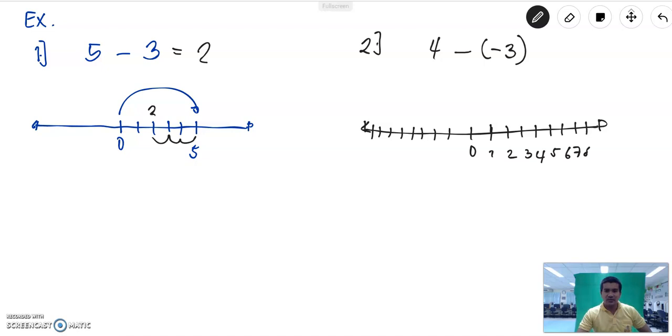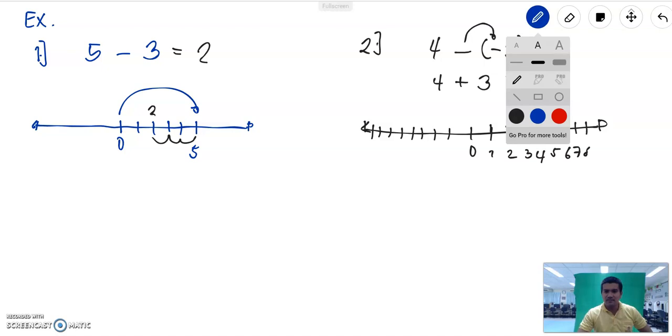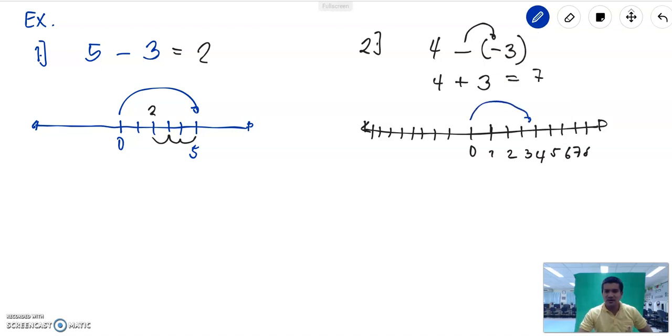So when you multiply a negative and a negative sign, negative times negative becomes positive. So we will have 4 plus 3, which will give us 7. So in the number line, from 0 going to 4, plus 3 units, 1, 2, 3. So our answer will be here. That is positive 7.